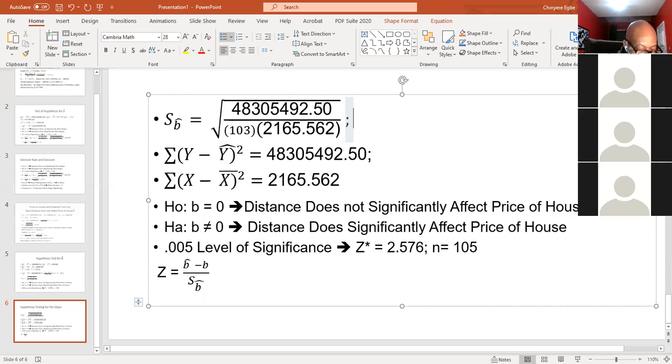Maybe 1.483 divided the square root over 103. Professor, yes, 103. 1.483, no. 2165.562. I have 14.716. That's correct.